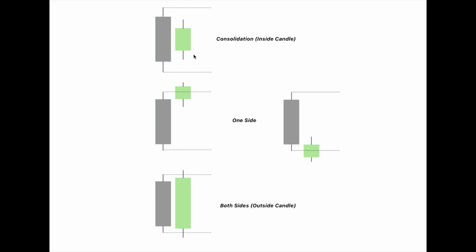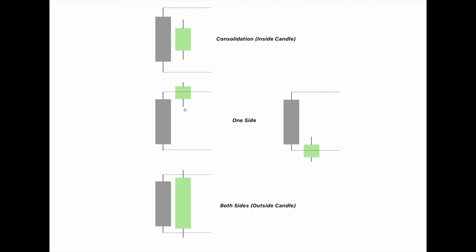So price is just accumulating in the range of this candle, so it's just moving sideways on the lower time frames. The next candle is just a directional one, so it's one-sided. And that's when the current candle takes out one side of the candle. So in this example, it takes out the buy side of this candle, so it takes out the high of this candle and closes above it.